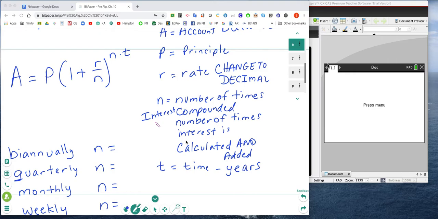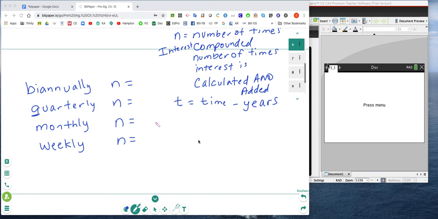Now, when we're talking about compounded, there are 4 words that we have to be pretty comfortable with. And those 4 words are biannually, quarterly, monthly, and weekly. So biannually. If interest is compounded biannually, that means interest is compounded 2 times a year and added 2 times a year.